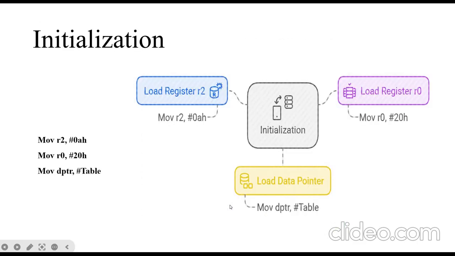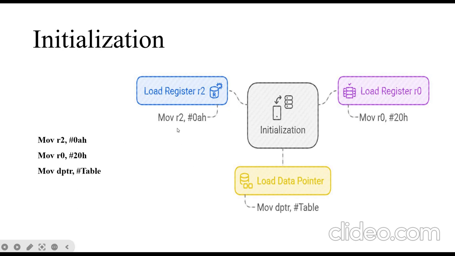Next step is the initialization. Here we are using three instructions for initialization. First is MOV R2, #0AH. This loads the register R2 with the value 0AH, that is 10 in decimal, and this will be used as a loop counter.